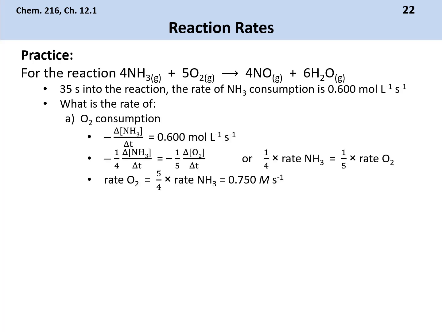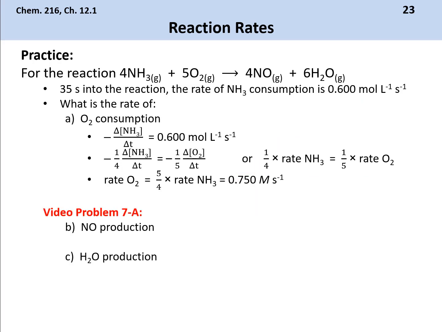The first thing we have to do is set up our comparison of the two rates. And then I can convert to figure out the rate of my O2. Notice I could do this because I told you what it was for NH3. I have to know one in order to figure out the other.